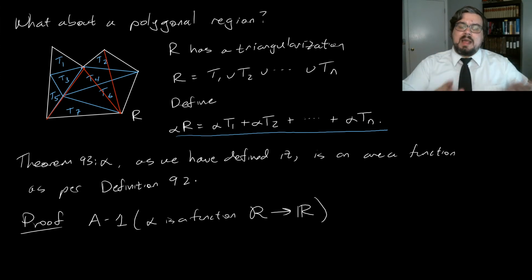Let's assume that this way of defining area for a polygonal region does in fact work, does in fact give us a function, and let's see how we can use that to prove that the other axioms, or conditions rather, hold: A2 through A4.